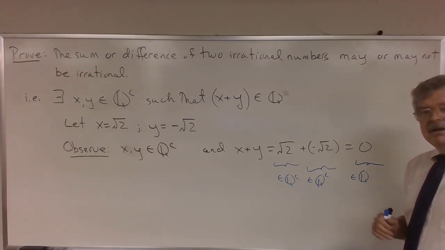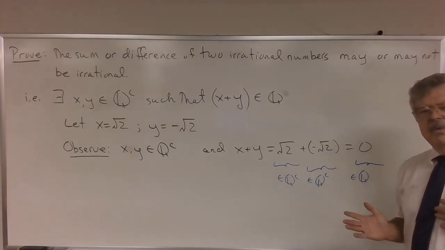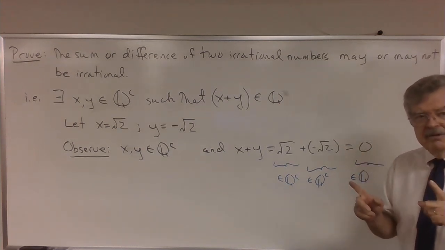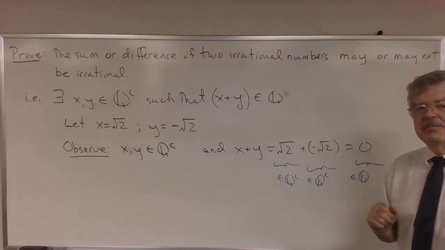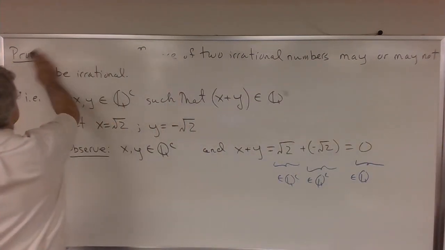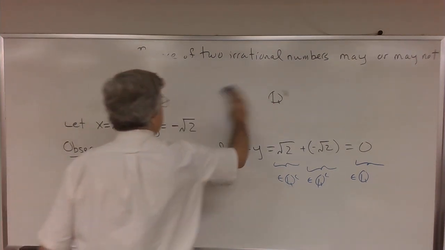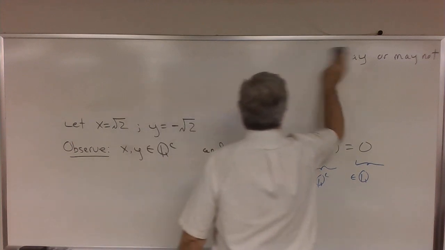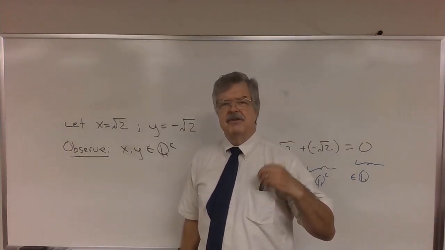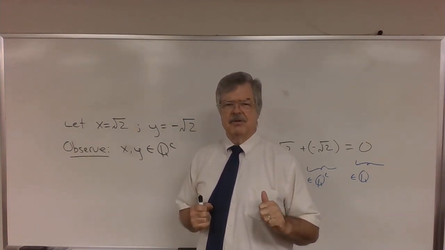But let's use a different x and y, both of whom will be irrational, but their sum will be rational. So we'll do another example. This time it won't be quite such a sneaky trick. This is actually what we might call a construction proof.